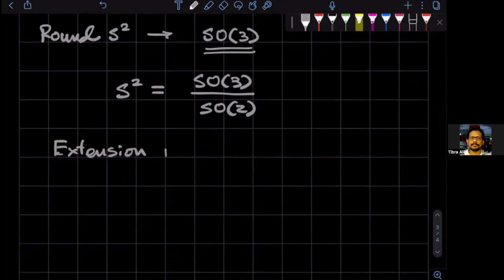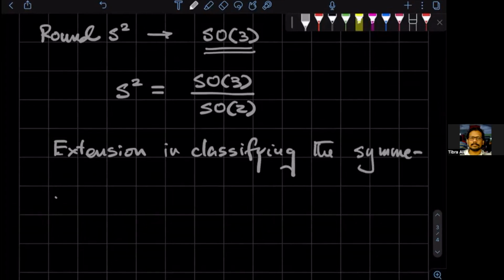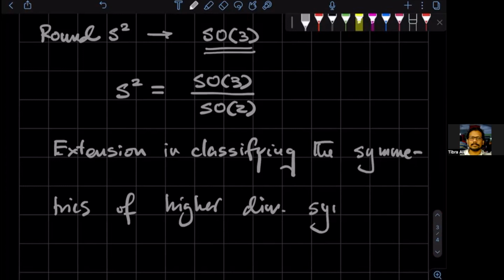This idea has an extension in classifying the symmetries of higher dimensional manifolds. Usually they are compact, and they are called symmetric spaces.